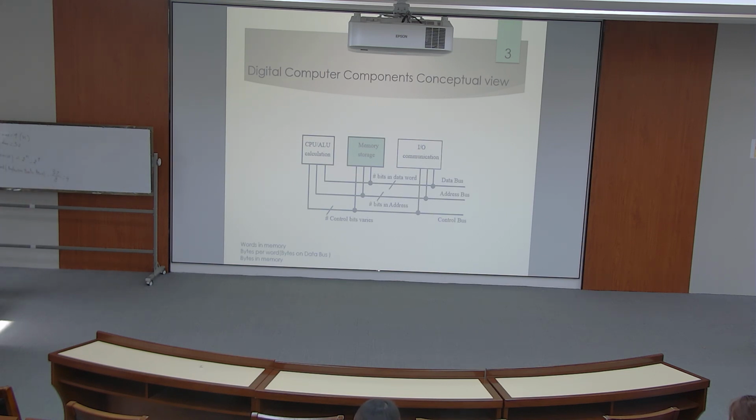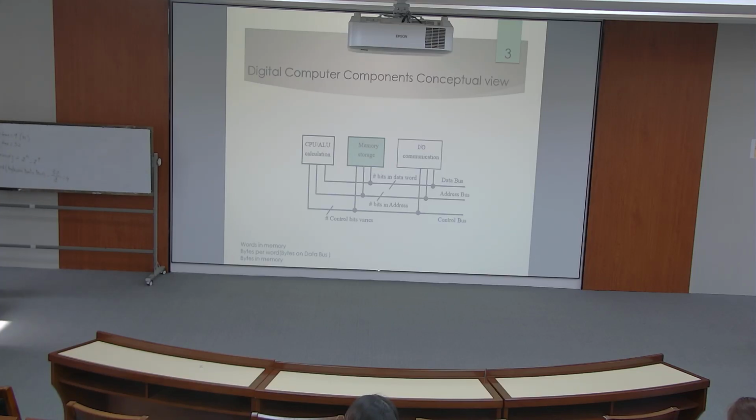Now, we can also calculate the number of bytes in the whole memory. How many words are in the memory? We have found 2 to the power of 9 words in the memory. Now, we wanted to find how many bytes in the memory. Each word is 4 bytes.